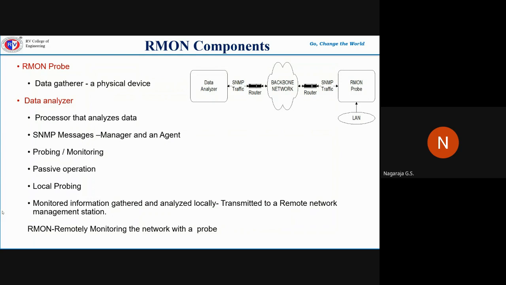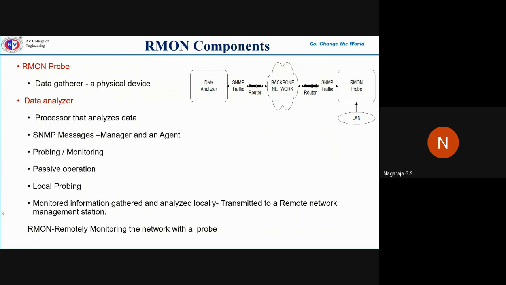The data analyzer also does probing and monitoring. Most of the time the operation is passive, and we call this local probing, because it is not possible to have global probing here. We always talk about probing at your site. That's where we talk about local probing.